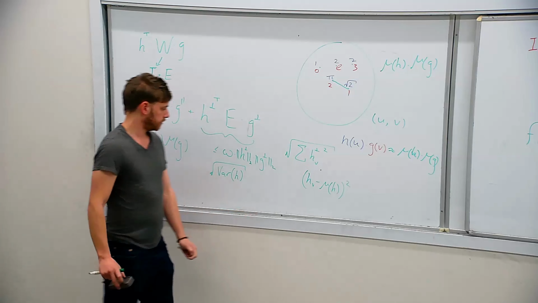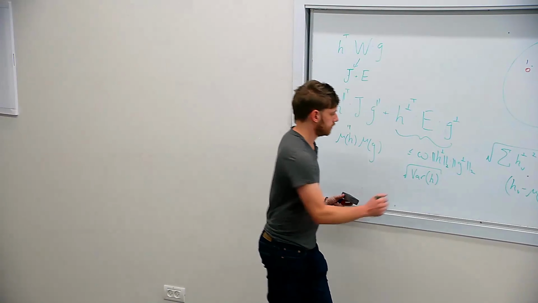So it's omega times the square root of the variance of H times the square root of the variance of G.